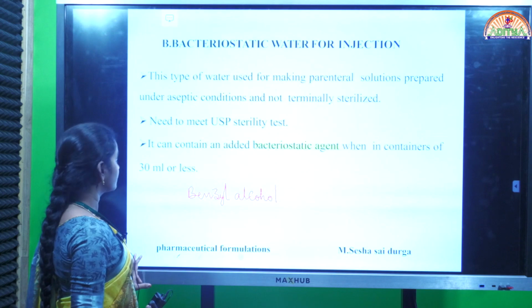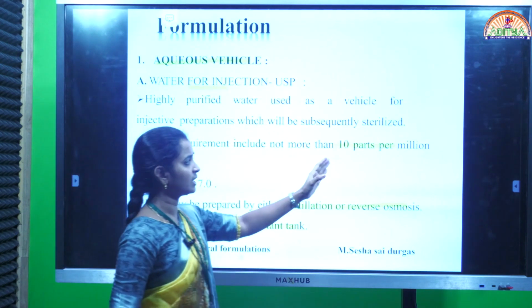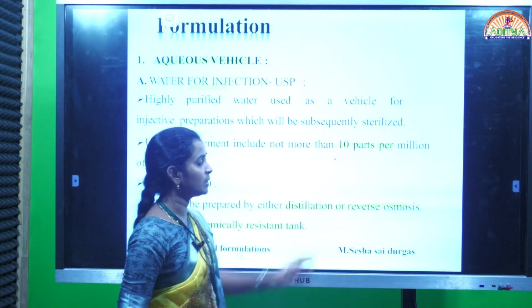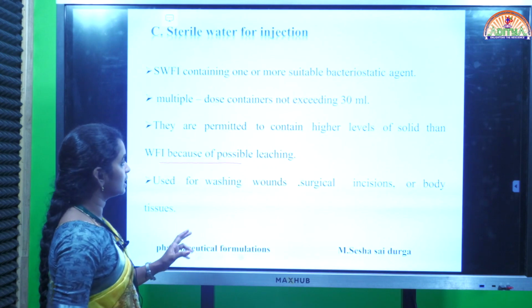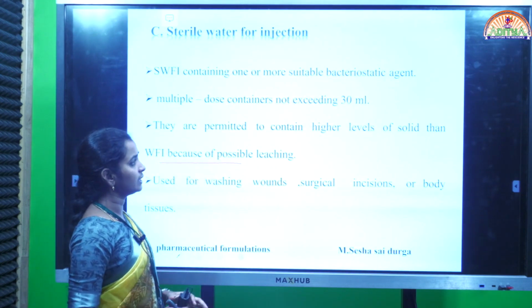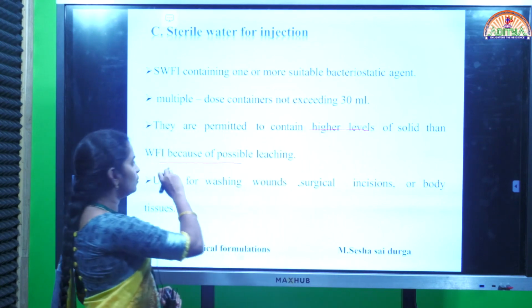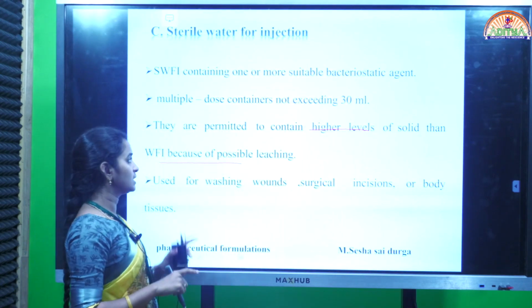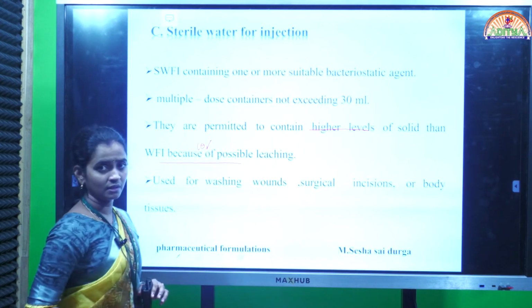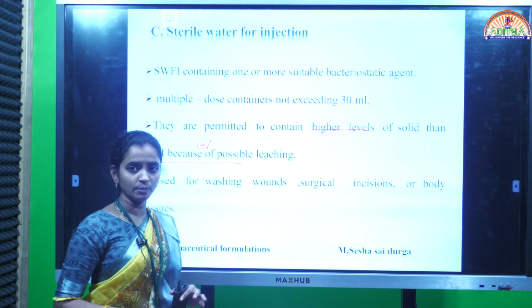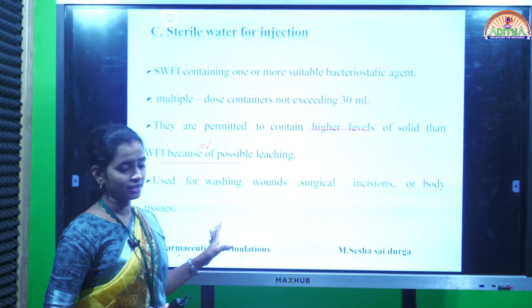Previously we discussed that in water for injection the limitation for solid content is 10 ppm. But in sterile water for injection, the limitation for solid content is higher than water for injection. So even more than that limit is acceptable in the case of sterile water for injection.